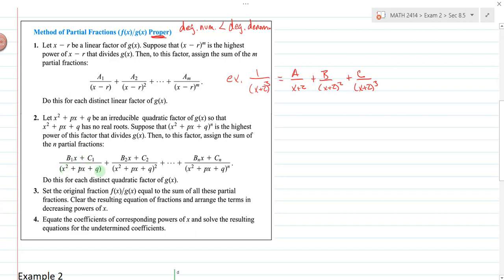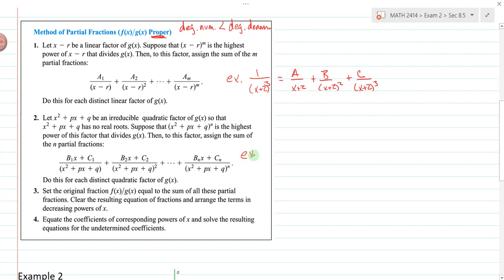If you have a quadratic factor that is prime, meaning it can't be factored any further, then on top, instead of putting a constant, we're going to have to put a linear factor, which would be like ax plus b, cx plus d. And the same thing that worked with the powers here is going to work with the powers here. If that quadratic factor is raised to a power, you're going to have a different linear factor for each one of those factors.